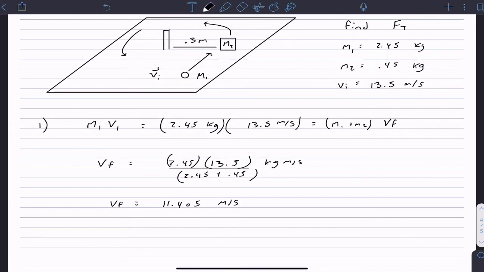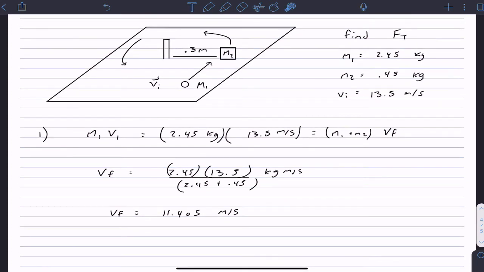Next part. Now the next part's a little trickier, but it's still rather straightforward. Again, these stick together, and this now has some velocity. These two masses are added together, and there's some velocity where this is tethered to the pole, so it's going to spin in a circle.